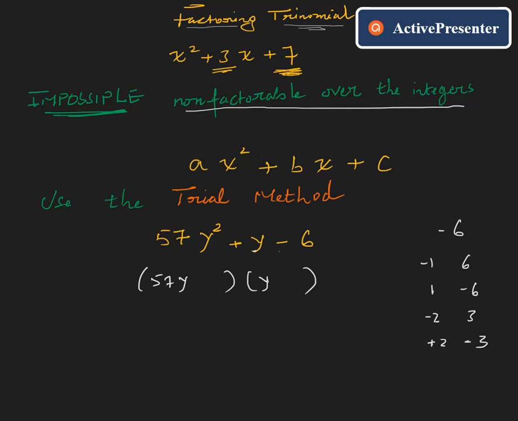If you check all numbers here, whether you put minus 1 here plus 6, or you put positive 6 here minus 1, or you put plus 1 here minus 6, or you put minus 6 here and plus 1 here, or you put minus 2 here and plus 3 here, or you put plus 3 here minus 2 here, or you put plus 2 here or minus 3 here, or you put minus 3 here and plus 2 here, you will not get the answer where the outer multiplied together and the inner multiplied together will never give you 1y.